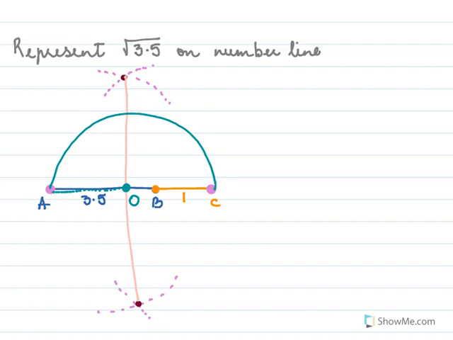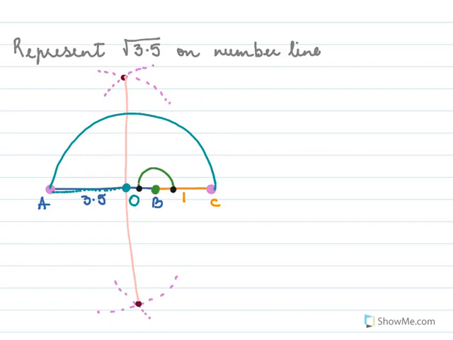The next step is to draw a perpendicular at B. To draw a perpendicular at B, keep your compass at B, take a convenient radius and draw this arc like this here. These 2 points are important.